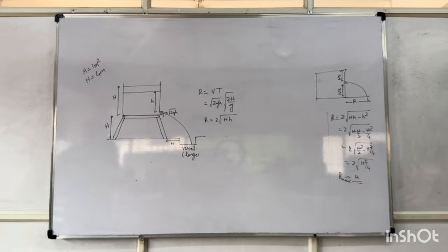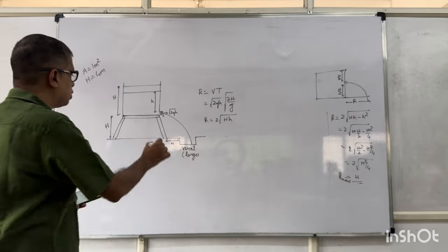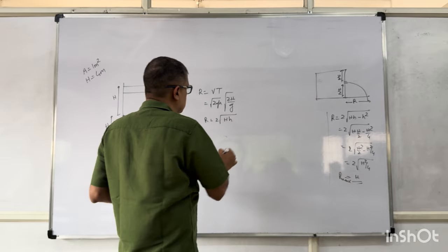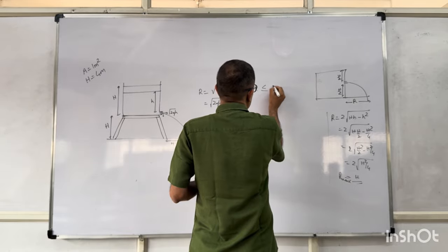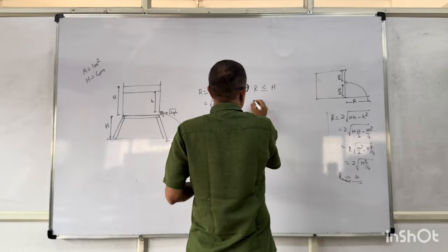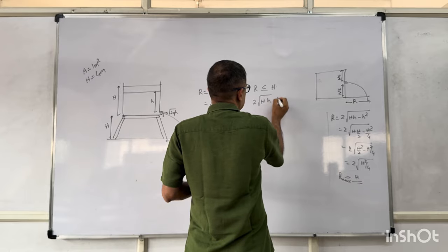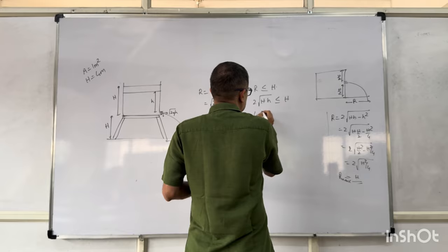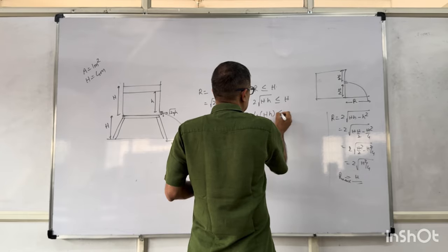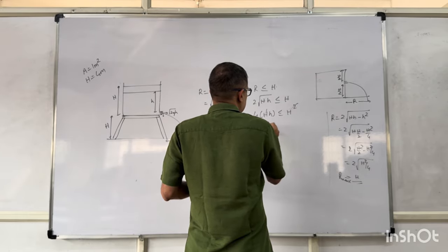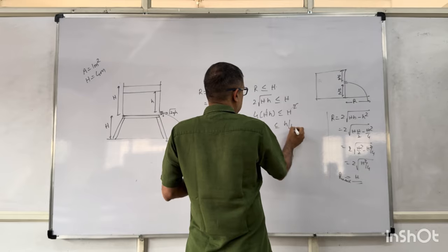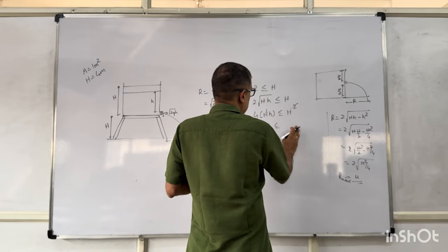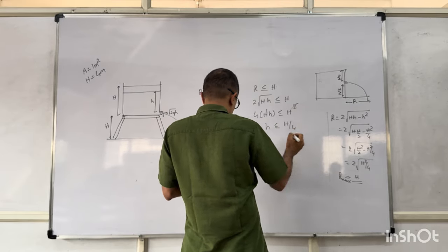The collection of the liquid in the container will stop if the range becomes less than or equal to H. 2 root over of hH is less than or equal to H. 4hH is less than or equal to H square. h is less than or equal to H by 4. Sorry, capital H by 4.